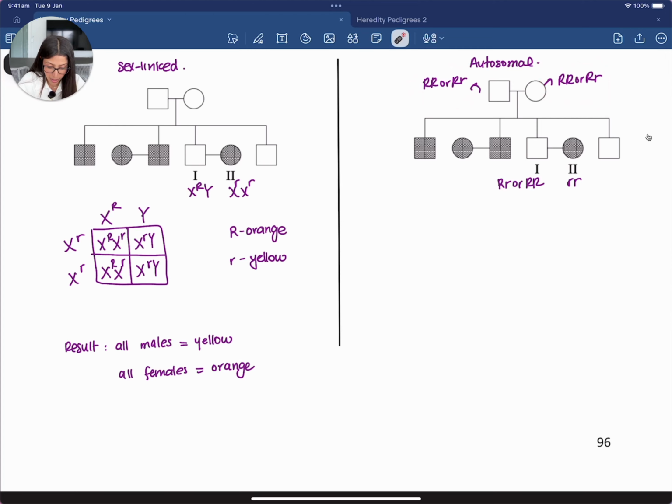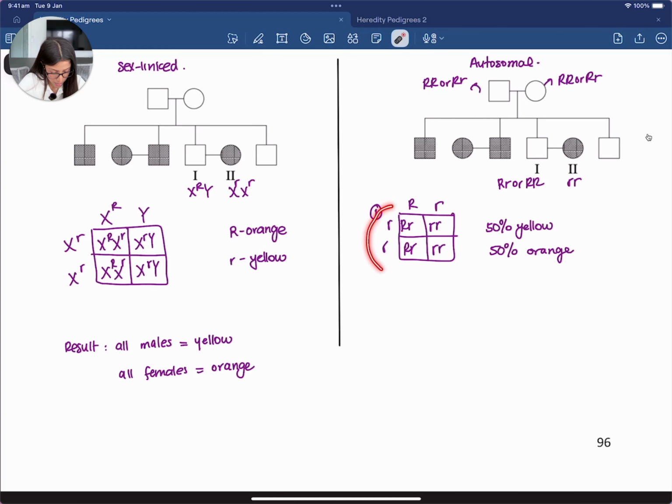Now, since the parents could be either one of these options, individual 1 could also present either one of these genotypes. So for the autosomal case, we may even have to divide this into 2 separate scenarios. Scenario number 1 could be if individual 1 had this genotype, and number 2 could be the following. Looking at scenario number 1, we've got the affected female, and we've got the male here, assuming that they are heterozygous.